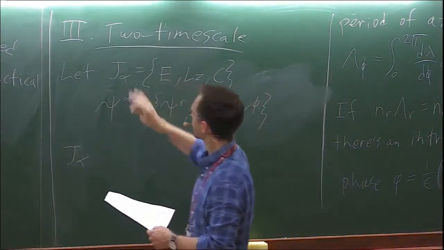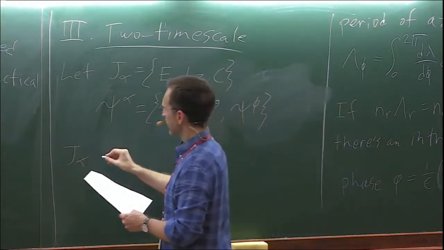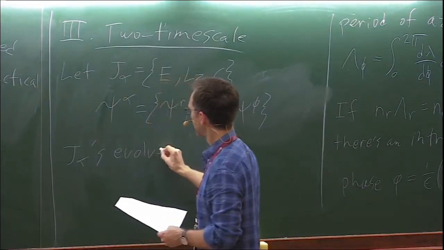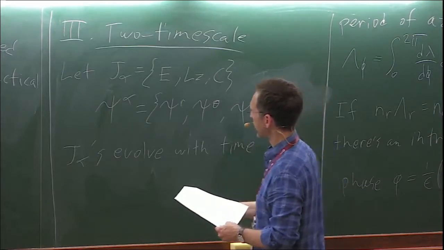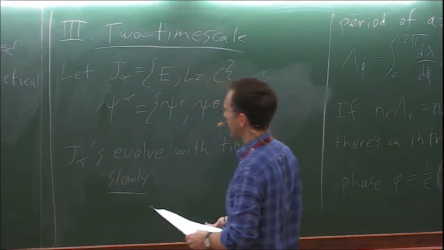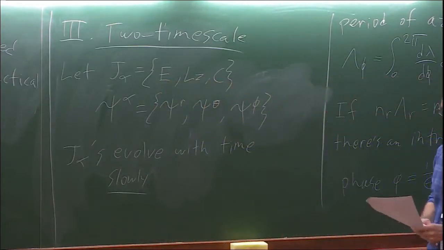And these J's, the constants of motion, which are no longer constant, evolve with time, but slowly. They evolve on the radiation reaction time, not on the orbital time scale.